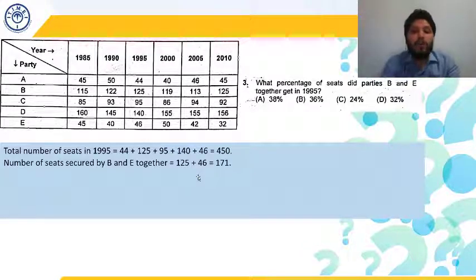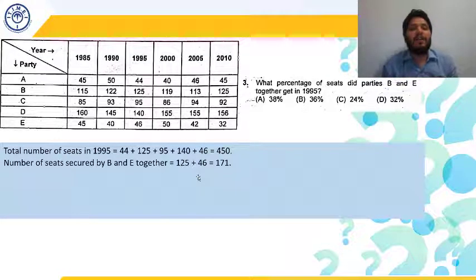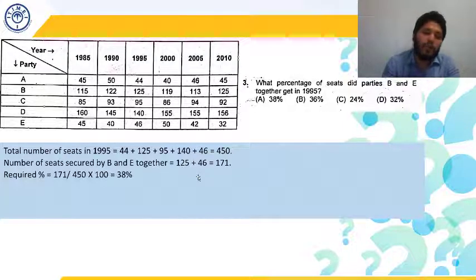We want to calculate 171 is how much percentage of 450. So 171 divided by 450 into 100 is going to be my answer, which is 38%.